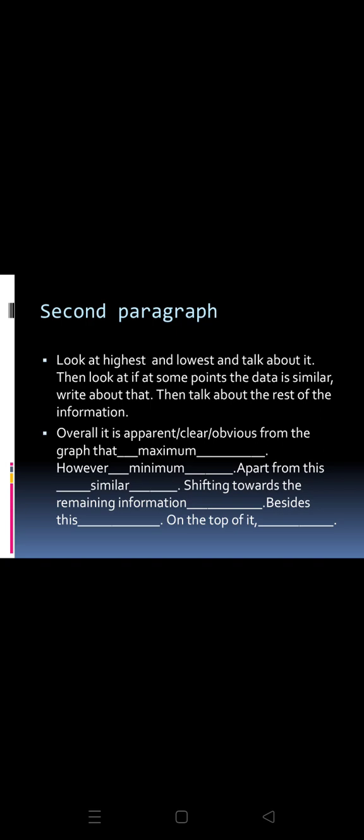Then shifting towards the remaining information, this happened, and besides this, and on the top of it, this. All this you can put in the second paragraph, talking about different kinds of points where you find that the information is different.